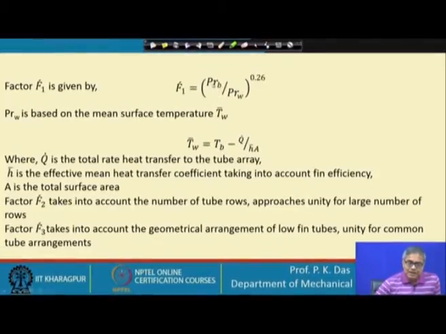F1, as I have told, takes care of the property variation due to temperature variation. So, PrB is the Prandtl number calculated at bulk temperature, PrW is the Prandtl number calculated at wall temperature, to the power 0.26. PrW is based on the mean surface temperature TW, where TW is equal to TB minus this term, and Q dot is the total rate of heat transfer to the tube array.